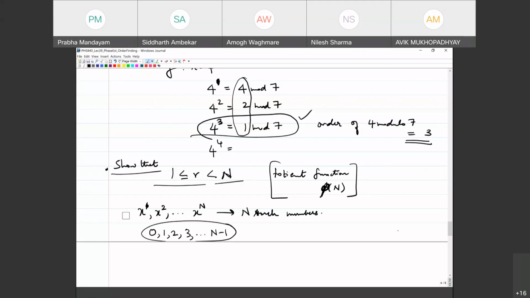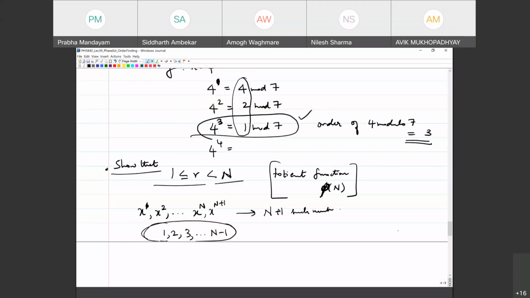So let me not include the 0 here, right? The point I want to say is, okay, so let me include x to the n plus 1 here. Okay, so let's say I go beyond n plus 1, right? So then there are n plus 1 such numbers here.